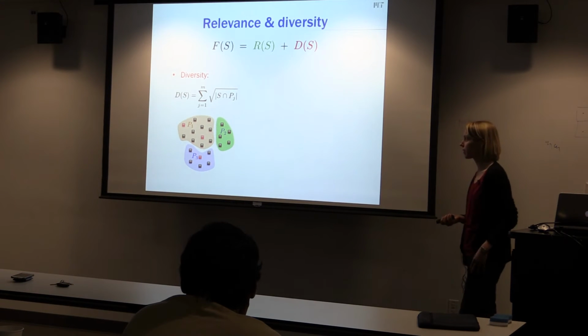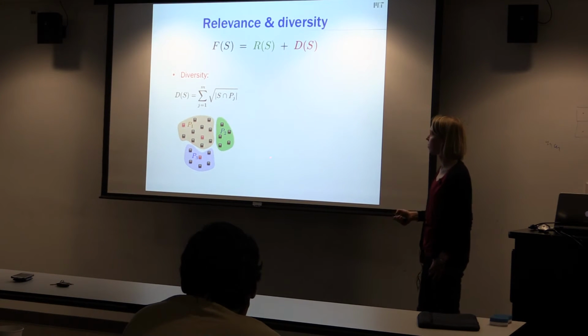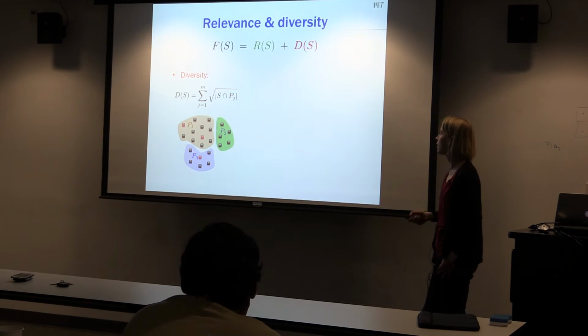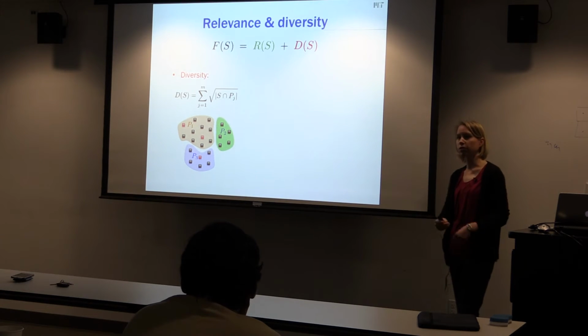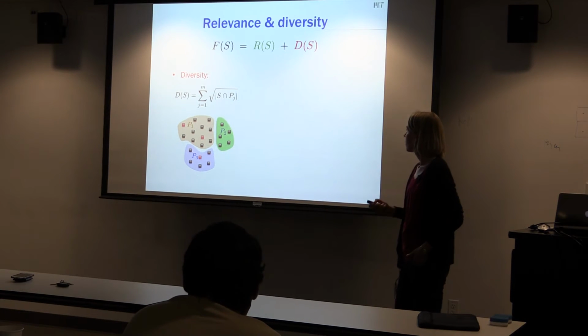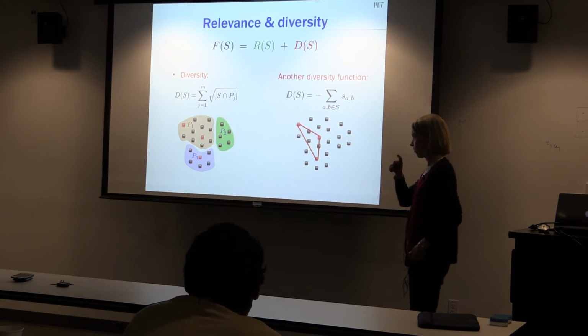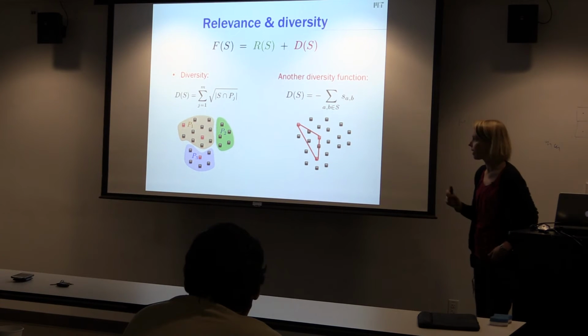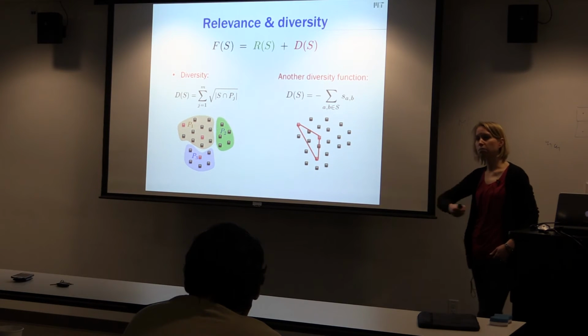So that's one simple example, and mostly you can then put any kind of concave, squashing, diminishing returns function on top of the number of points that you're picking from each cluster. Here's another function that's slightly different, that says that, well, I actually actively penalize if you pick similar points.